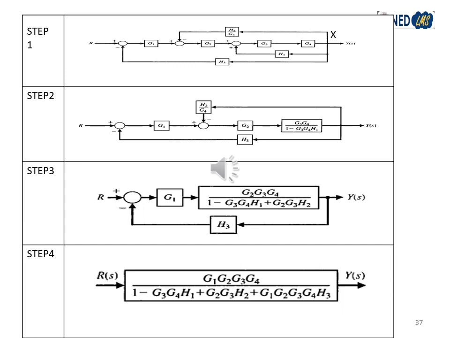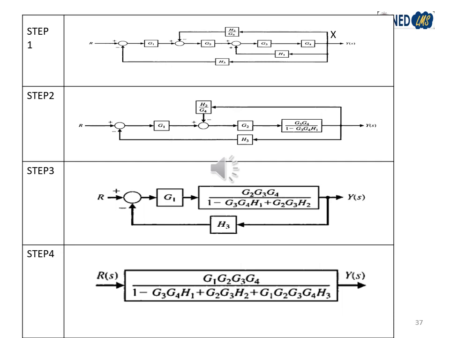In the next step we have simplified the rightmost feedback loop, and then we have G2, and G3, G4 upon 1 minus G3, G4, H1 with a feedback loop at the upper side with a negative feedback sign, and in this case H(s) is H2 upon G4, and we have simplified this minor feedback loop.